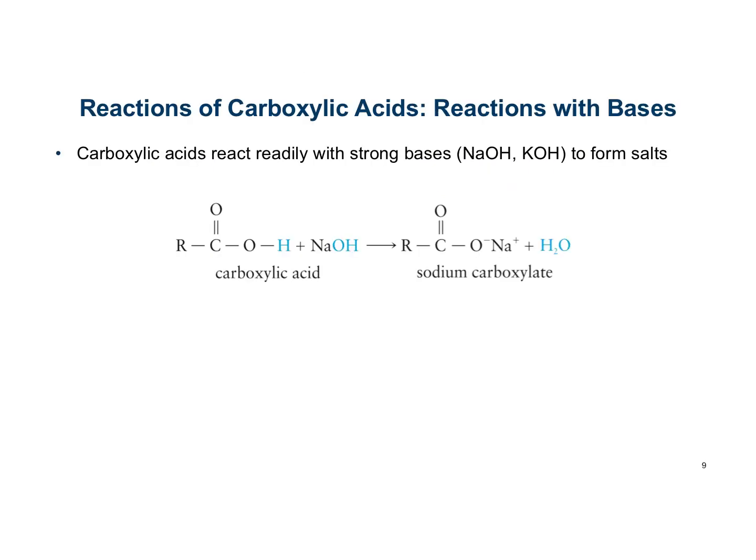Now, as we mentioned, this carboxylic acid is an acid, and so it does not surprise us that it would react with bases. And so it does react with strong bases, and it pretty readily forms salts. So you can see here where we've got the negative charge, and then we now have a metal ion that comes along with that to form the salt.